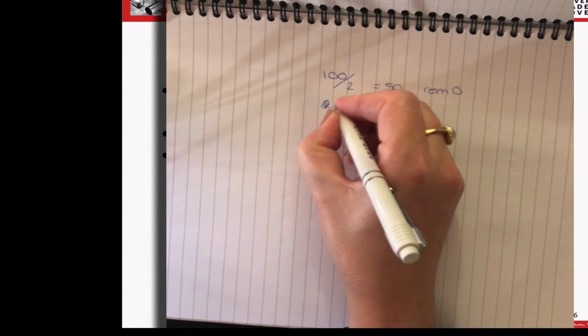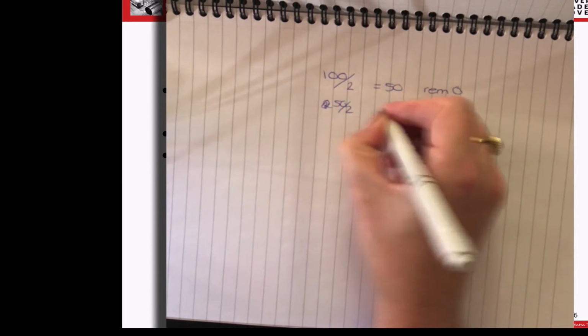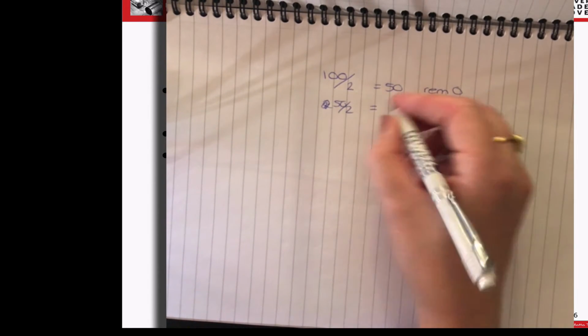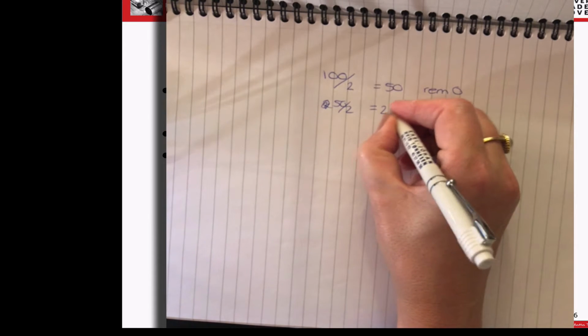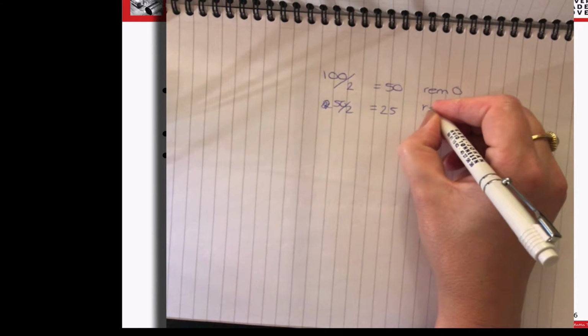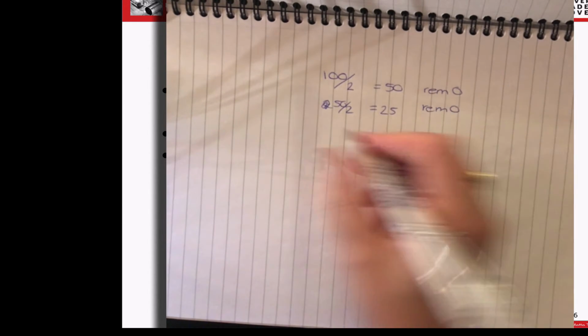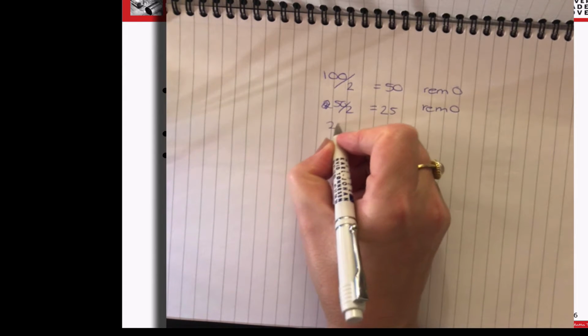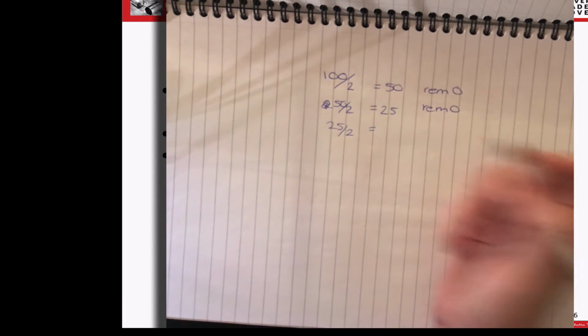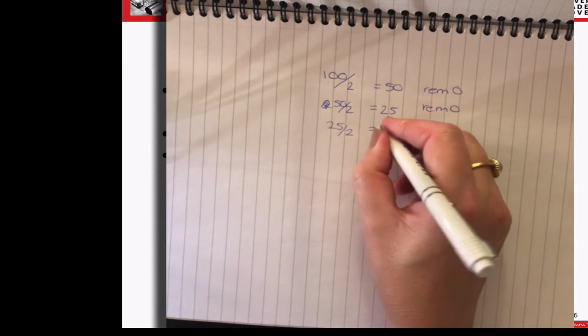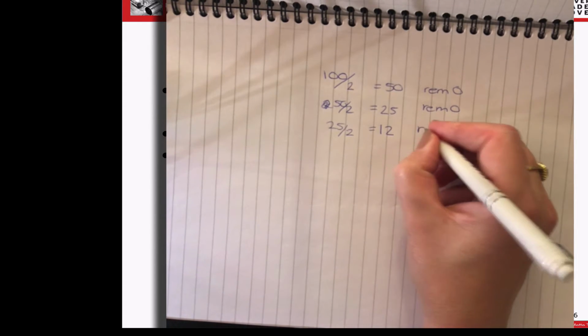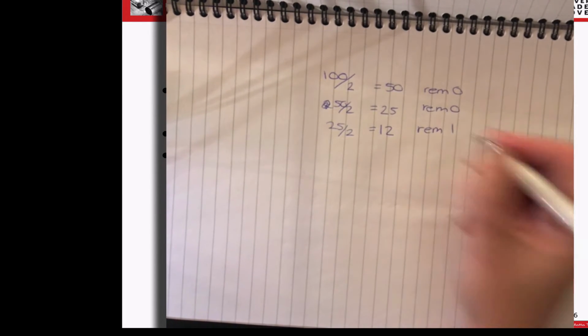I take 50, divide by 2, which gives me 25 and no remainder. Then I take 25 and divide by 2. Well, this gives me actually 12.5, so it's 12 and a remainder of 1.